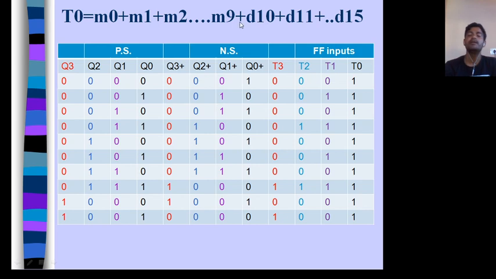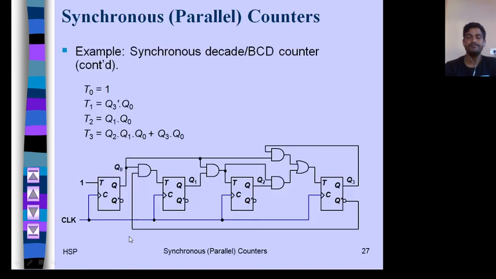In the K-map you will write down all the don't care terms which are not used in the present state. Then finally you will draw the circuit. That's all about non-binary synchronous or parallel counters.